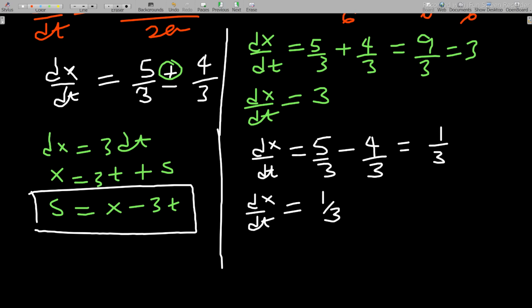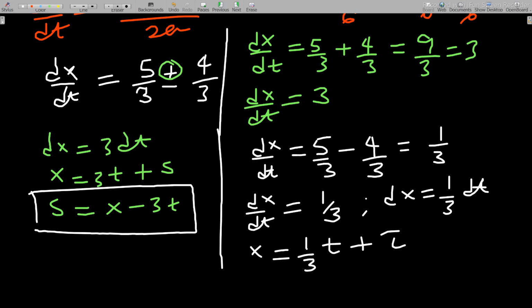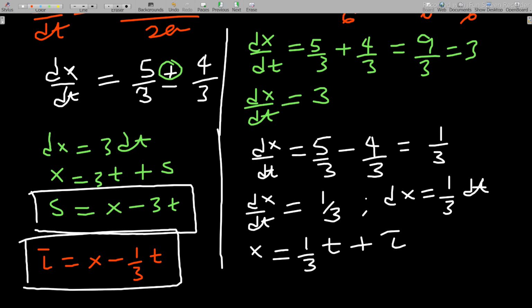In that case we'll have dx being equal to 1 over 3 dt, and so if I solve this, I'll get x is equal to 1 over 3 t plus some constant, let's say tau. So our second characteristic equation is tau is equal to x minus 1 over 3 t. And so this function also characterizes our PDE, our wave equation.